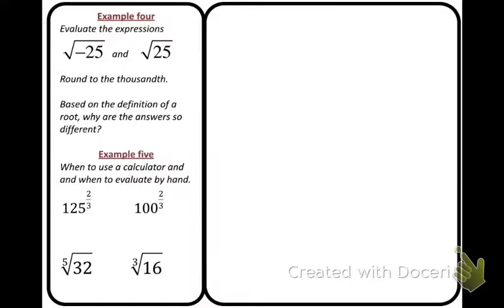Okay, now looking at the 5th root of 32. This one is asking for a number times itself 5 times that is 32. If we're playing around with it, let's try 2's. 2 times 2 times 2 times 2 times 2.